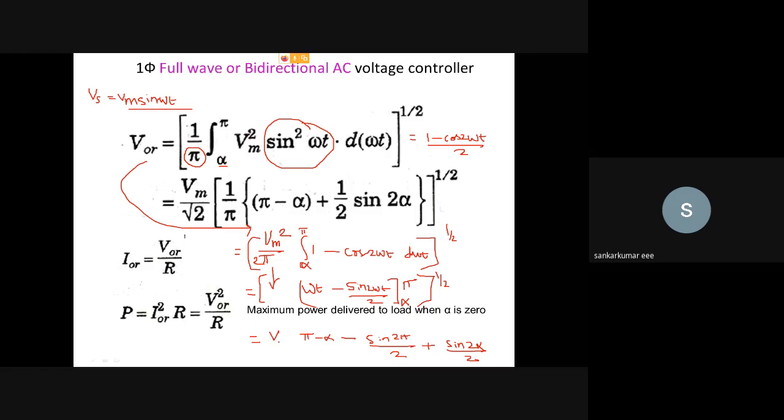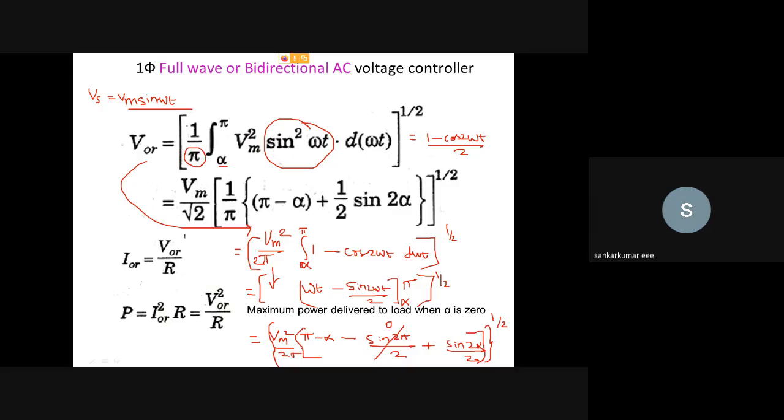Here we will be having Vm square divided by 2 pi, and the whole power of 1 by 2. In this, the sin 2 pi term gets cancelled since sin 2 pi is 0, so this term vanishes, and the remaining term will be pi minus alpha plus sin 2 alpha by 2.